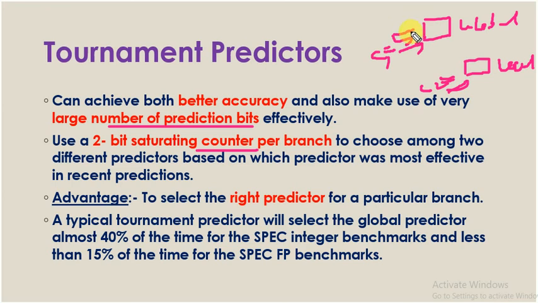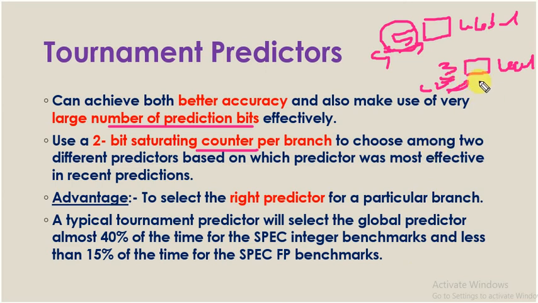For example, if the global information gets 5 and the local gets 3, then in this situation it will predict the branch based on the global information, because it gets more score compared to the local information. That is why it is called a tournament predictor. In a tournament, two teams play, and whichever team gets more points is the winner.